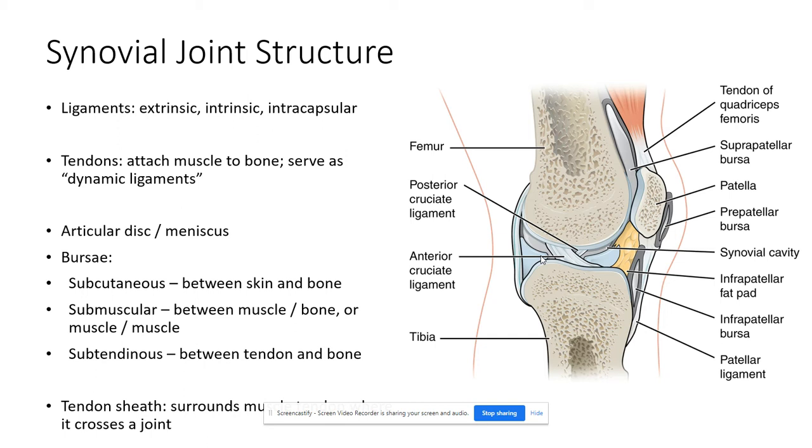You will have extrinsic, intrinsic, and intracapsular structures where you have your fatty pads, the bursa, and some additional ligaments. These are all structures that support the movement, the free movement of those structures. You'll have greater mobility, again, in the locations where you have your synovial joint structures.